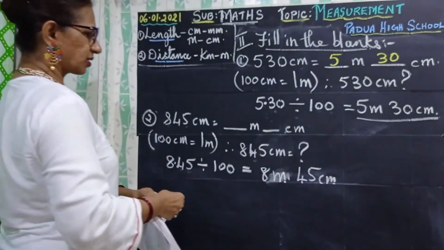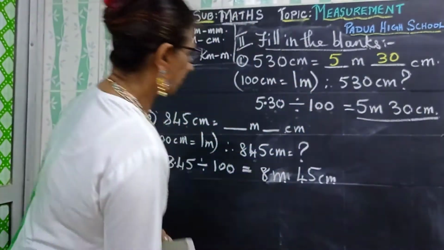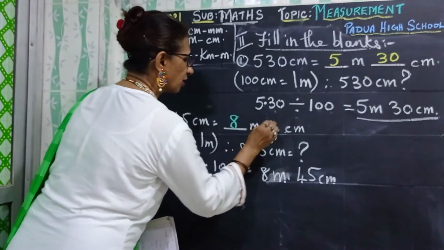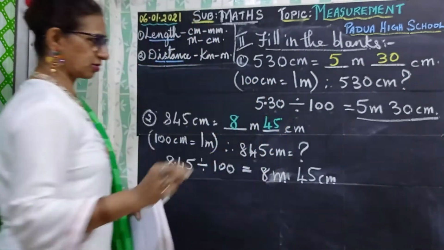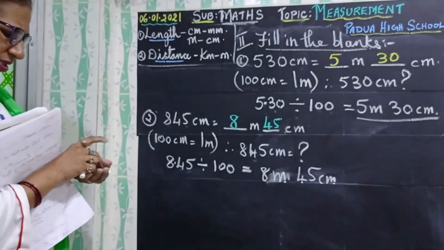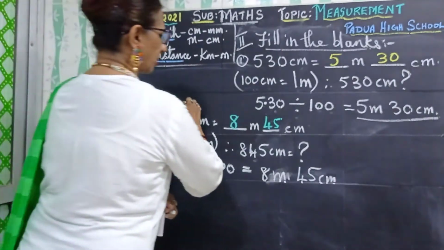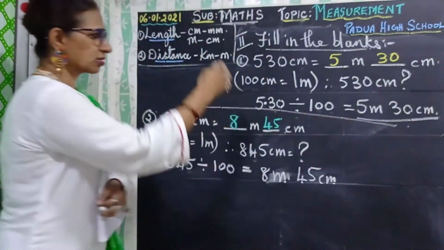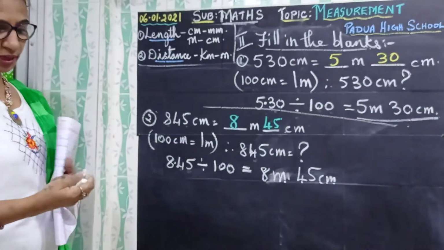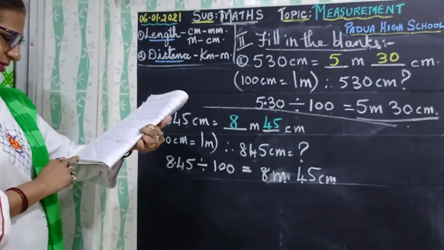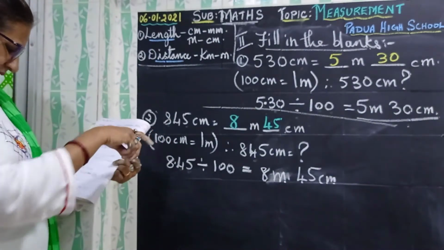So as simple as that, you will write here 8 meters and 45 centimeters. Have you followed? So this is how the conversion हो जाता है. Okay children, this is how we convert. Okay, let us do one more sum children. One last sum we will do.